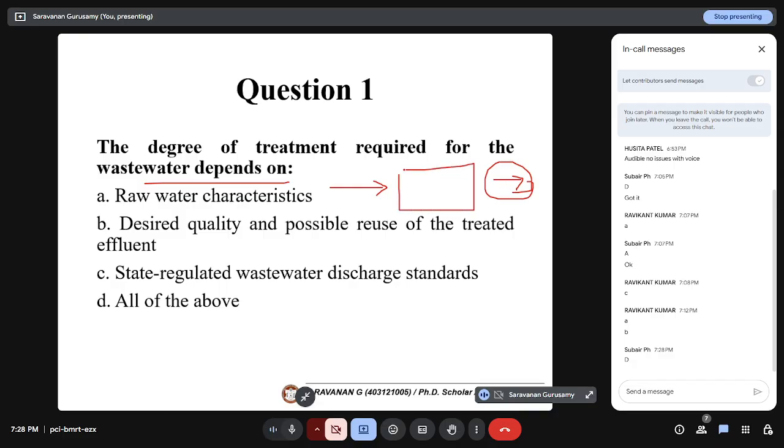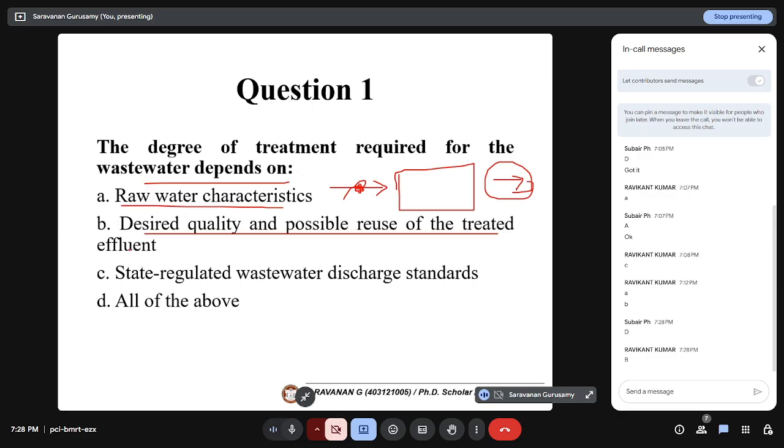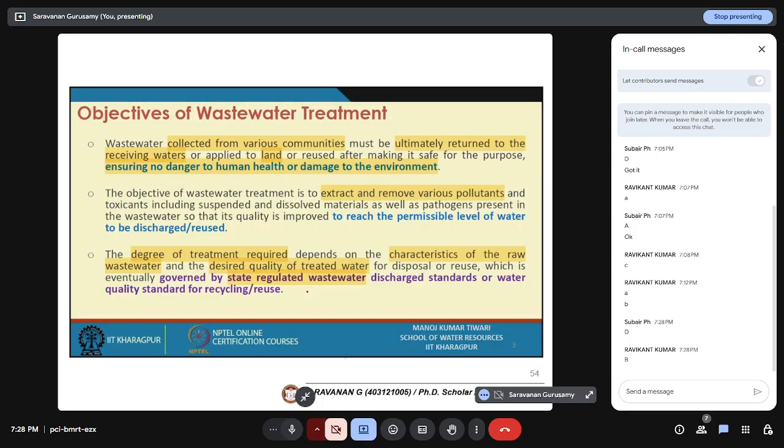So this degree needs to be fixed with the raw water characteristics, that is the inlet water, decide quality and possible reuse of the treatment effluent, quality of the outlet wastewater, state regulation standards or discharge standards. I can design the degree of treatment required. So all the above is correct. You got it? Yes. So degree of treatment is based on characteristics of the raw water, decide quality of the treated water, and state government regulation.